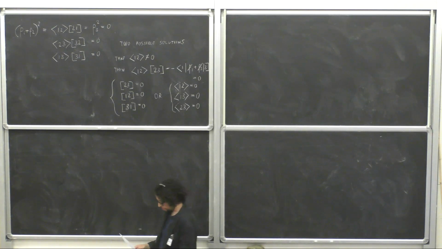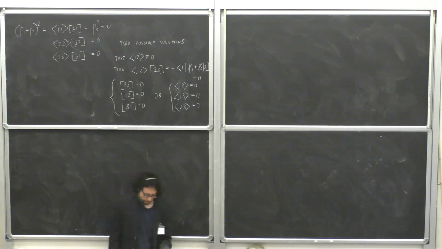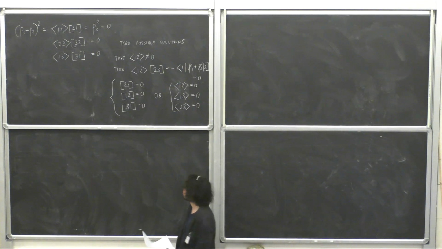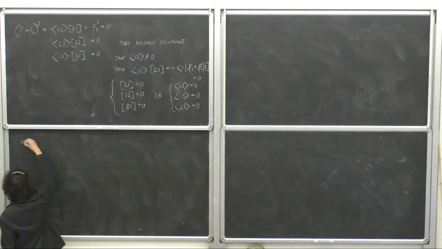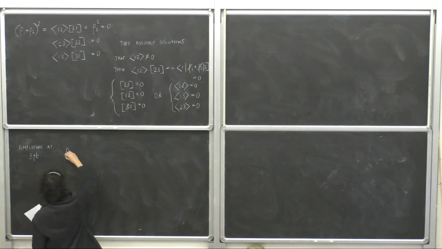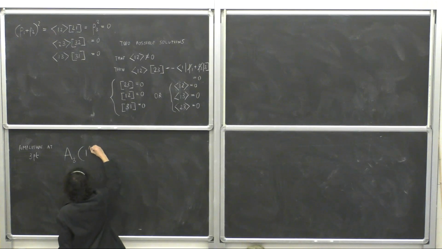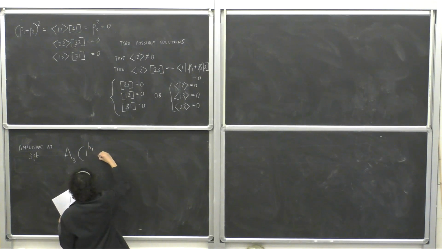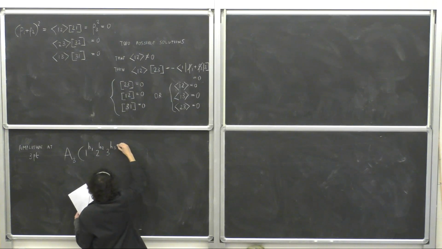Okay, very good. So now, what this does really is that it limits drastically what I can write down at 3 points. So keeping this in mind, we have that, well, generic, and say that we have an amplitude at 3 points. So now we no longer want to do this with gluons, we can also consider other fields, and let's say that we have field 1 with helicity H1, field 2 with helicity H2, and field 3 with helicity H3.